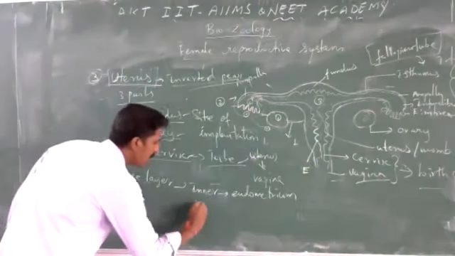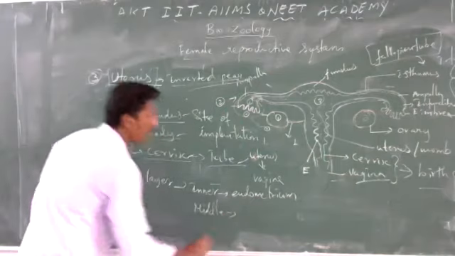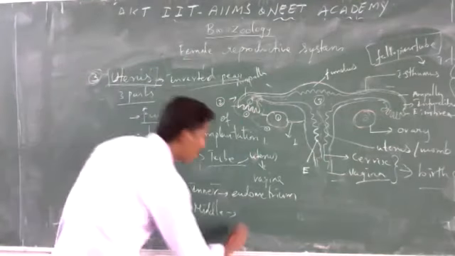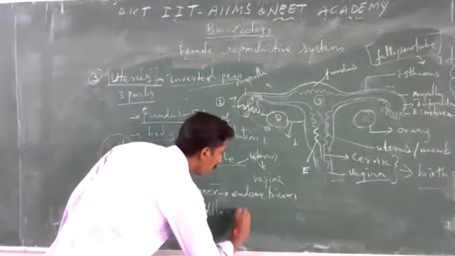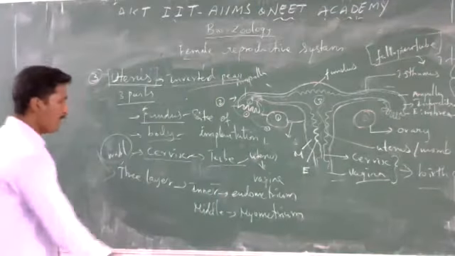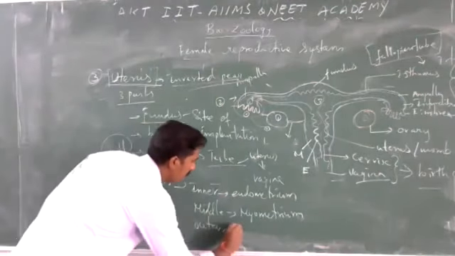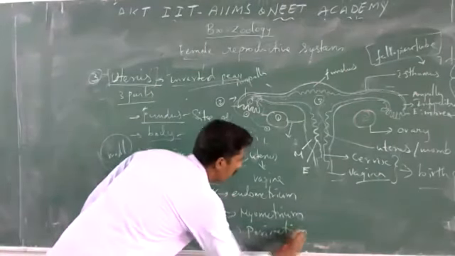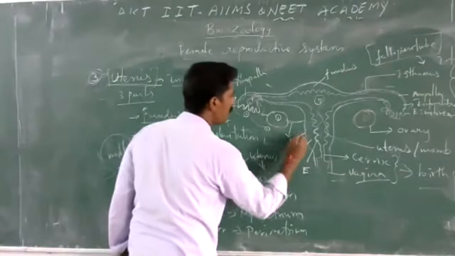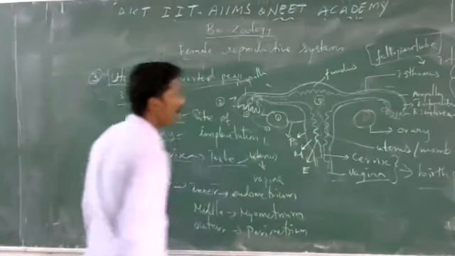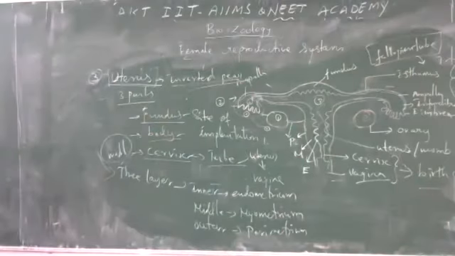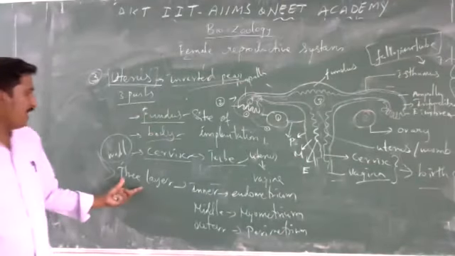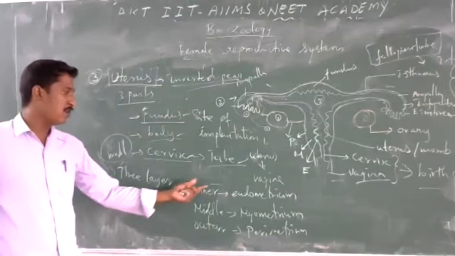The middle layer is called the myometrium. And the outer layer is called the perimetrium. The outermost is called the perimetrium. The wall of the uterus has three layers. The innermost layer is called the endometrium.